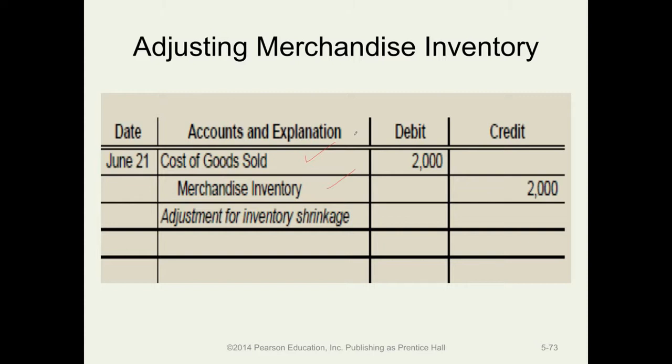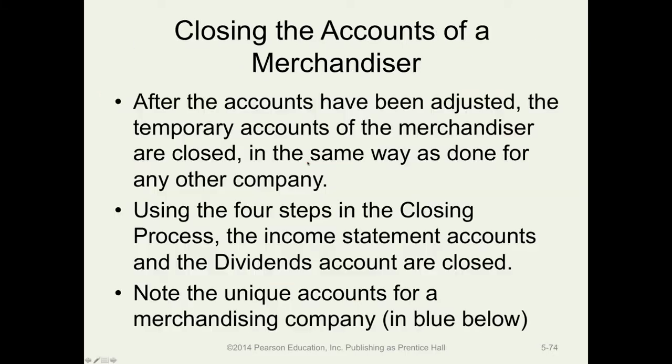Again, this is something critical to manage the inventory system. So by debiting the cost of goods sold directly, unless you have an internal record that keeps track of the amount of shrinkage or spoilage, you'd have a loss of information.